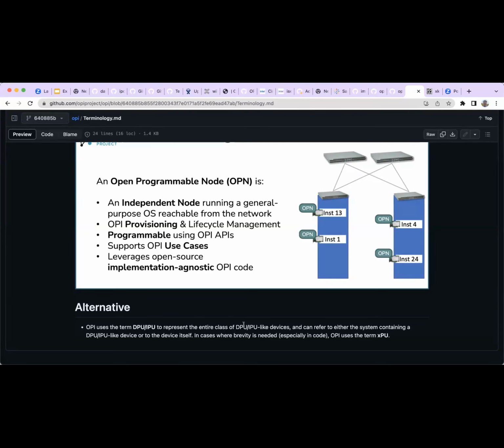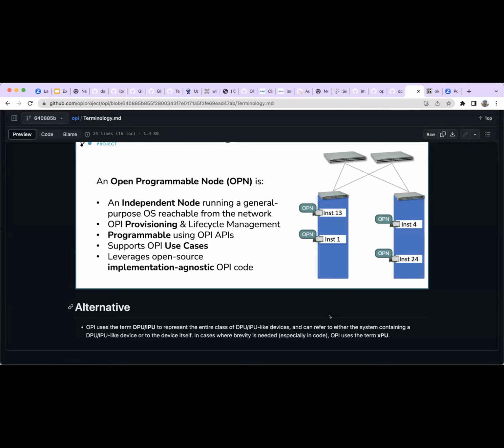And that DPU, IPU term can either refer to a system containing the chips or the chip itself. And then when you need to shorten it, you just shorten it to XPU. So you just wildcard the first word in the TLA.